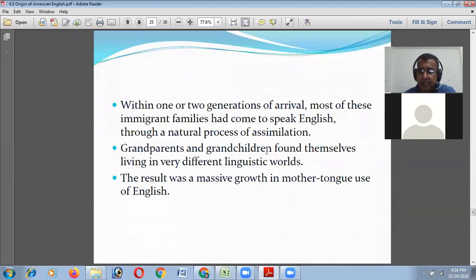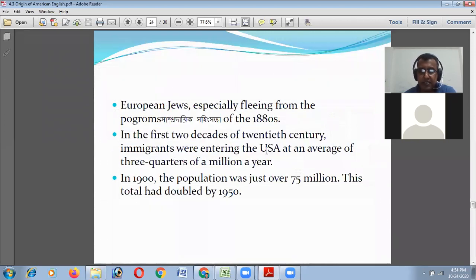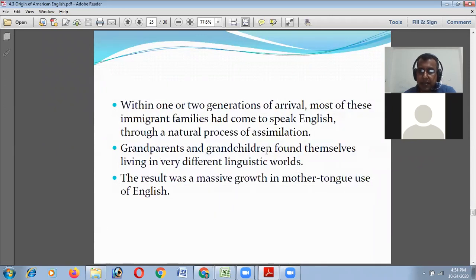So the concern here is the linguistic scenario. The first time, the immigrants go to America, and after the first generation, the second generation starts speaking English as their first language. The first generation immigrants carried their first language with them, whether German, Spanish, French, or Dutch.